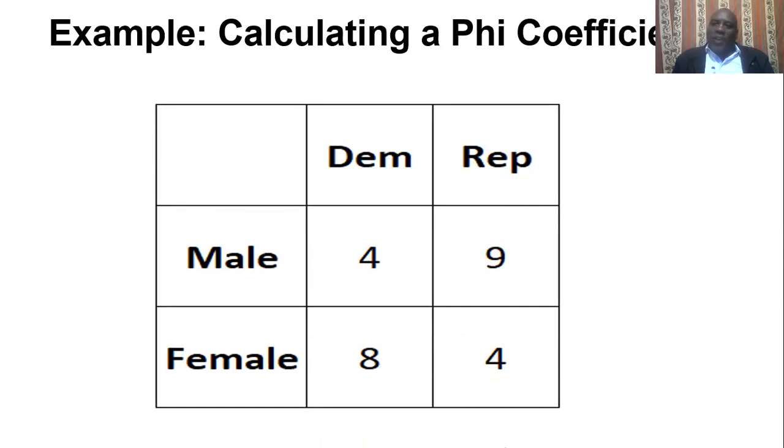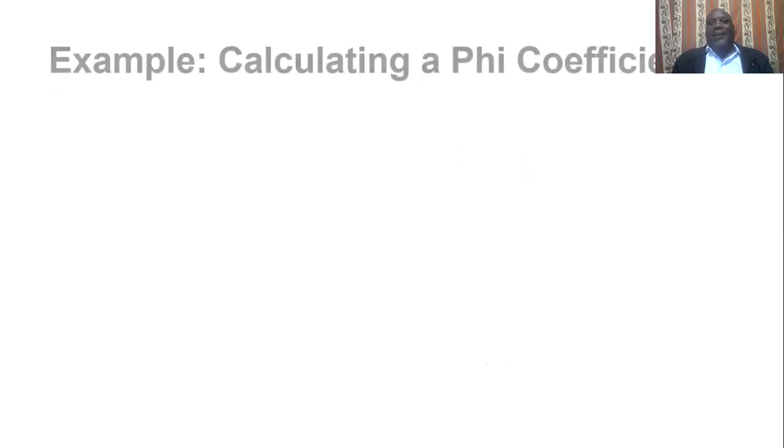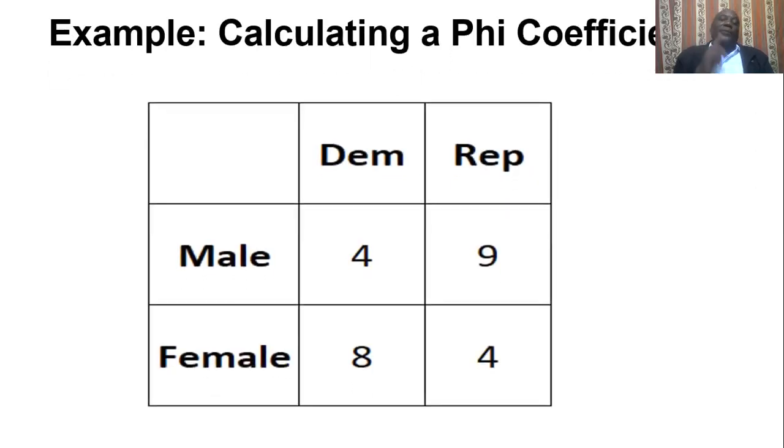Now, we want to see step by step how we can calculate the Phi coefficient manually. First of all, we have to get a grid. At the top of this grid, we put the parties, Democratic Party and Republican Party.